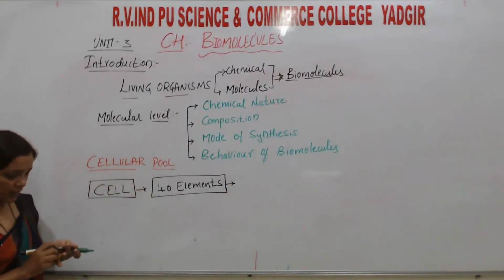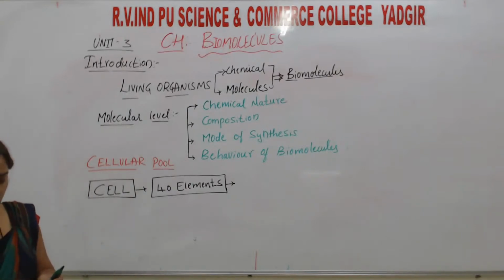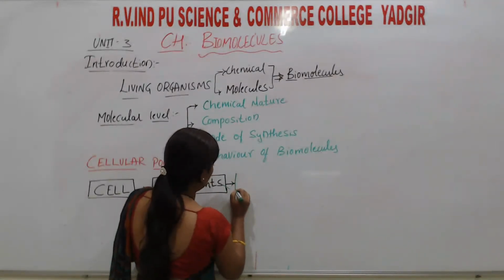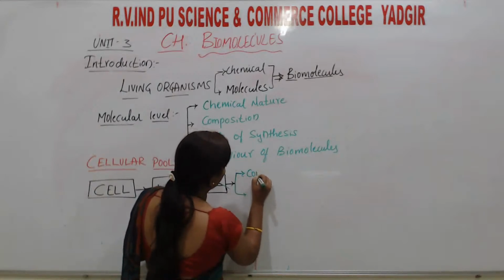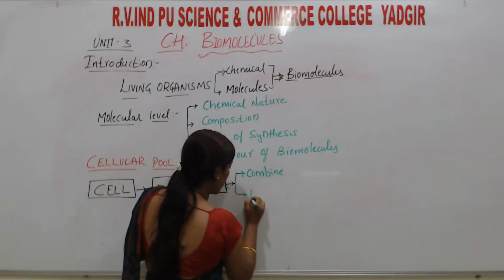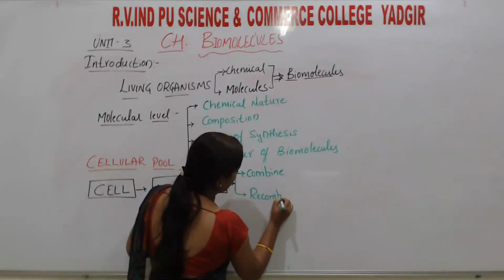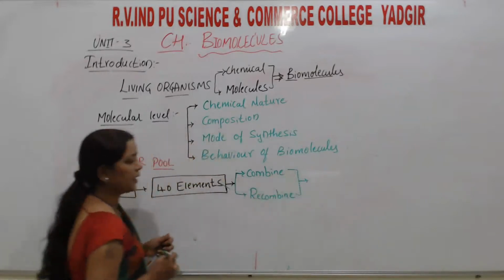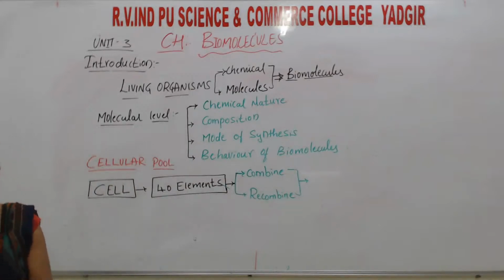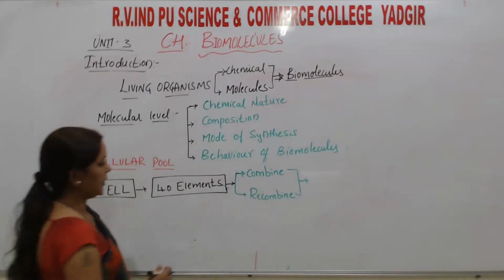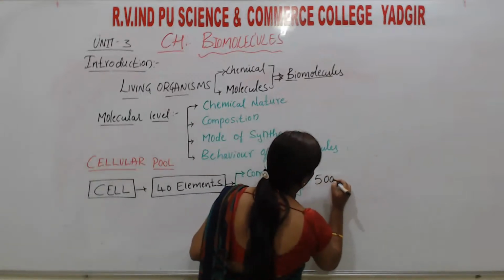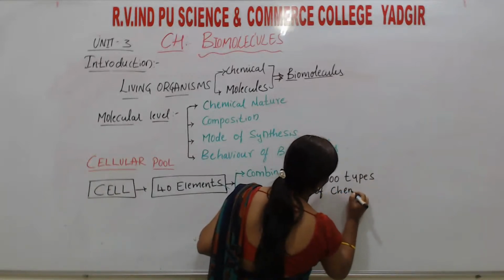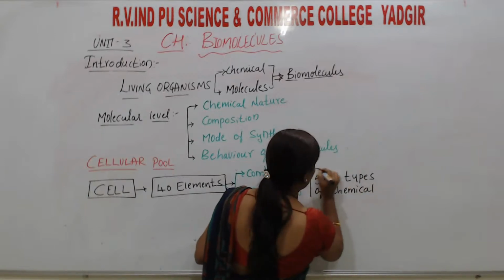Each cell is made up of 40 elements, which combine and then recombine. After combining and recombining, they produce 5,000 types of chemicals.